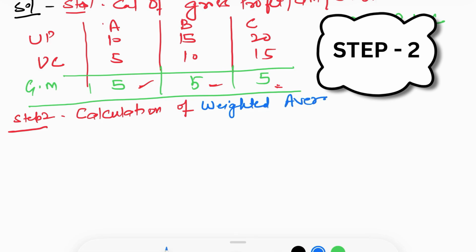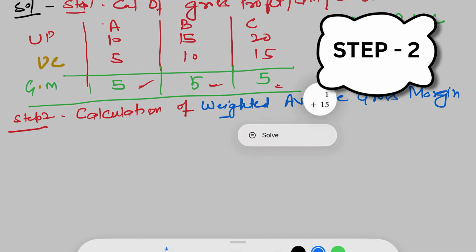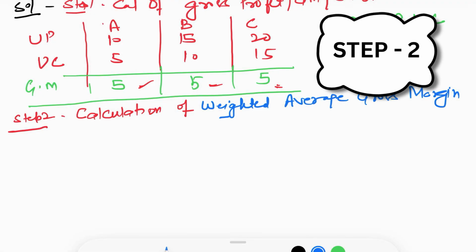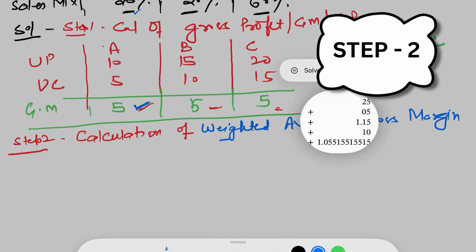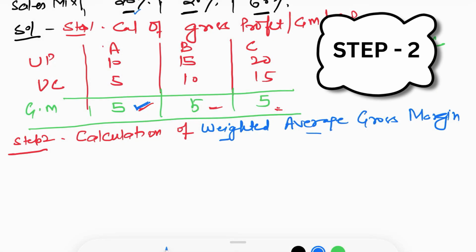Understand this word now. Why weighted? Weighted means I will weight, that is, value the profit of each of these in reference to the sales mix. Then I'll add all these weighted values. What I'll be adding? This weighted gross margin. So let's see.